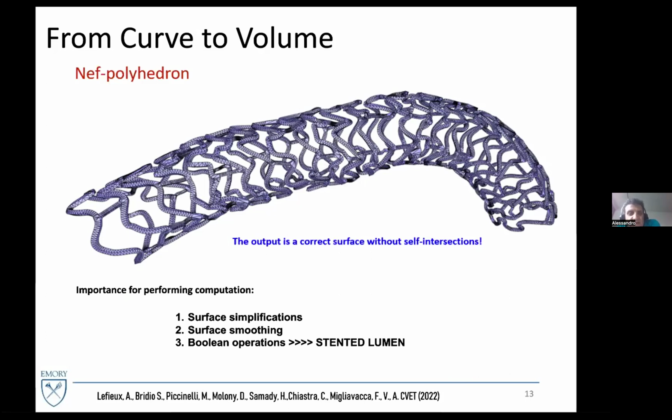And we found that it was never working until we found in this library, CGAL, this concept of Nef polyhedra, which are a sort of Boolean representation of polyhedra, to define the solid around the skeleton. And in this way, we were able to reconstruct a 3D structure without self-intersections.